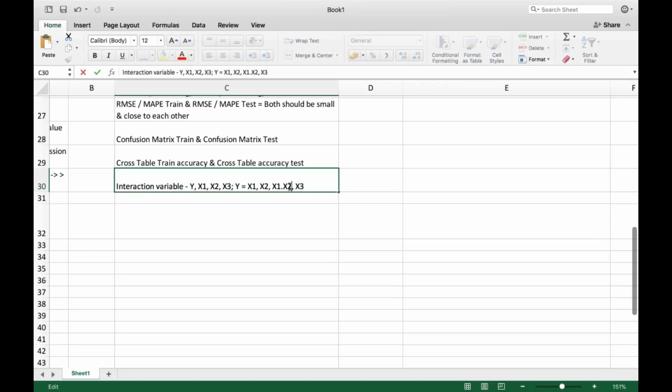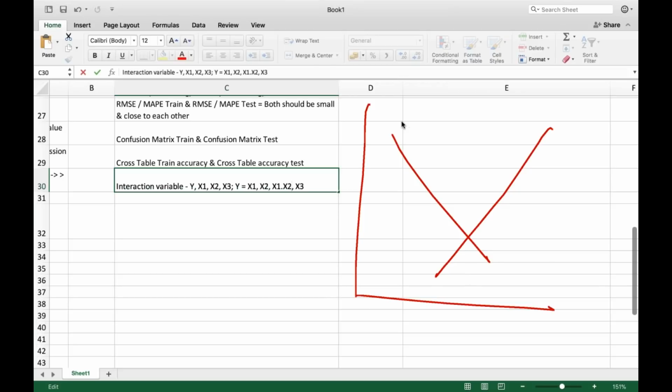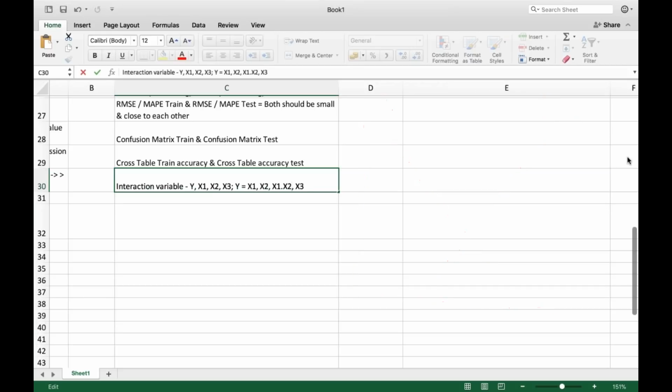Why do I need to have this? Probably there is some interaction going on between x1 and x2. As part of your exploratory data analysis, this part should become very clear. Maybe when you run the model, or when you look at a scatter diagram, there's some interaction going on between x1 and x2, right? So in those kinds of scenarios, you might want to use your interaction variable also.